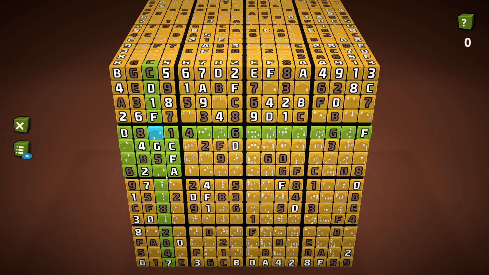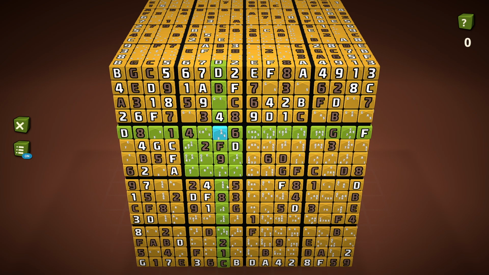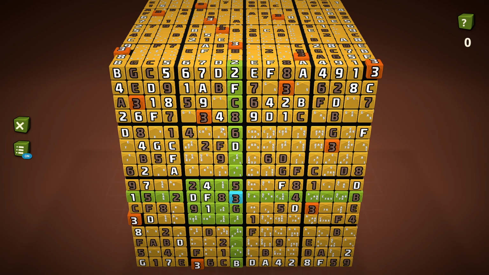Okay, so we see 3 on the top, 3 on the bottom. Then we see here, 3 on the top, 3 on the bottom, because that's the only column it can be in. Which means that this box's 3s cannot be on the top or the bottom, because it has to be 1 on the top and 1 on the bottom of the 2 boxes to the left of it.